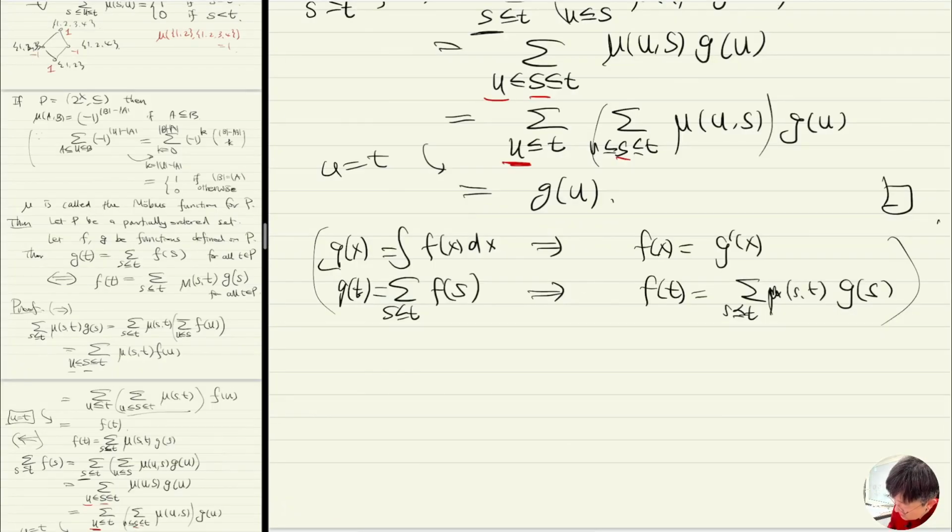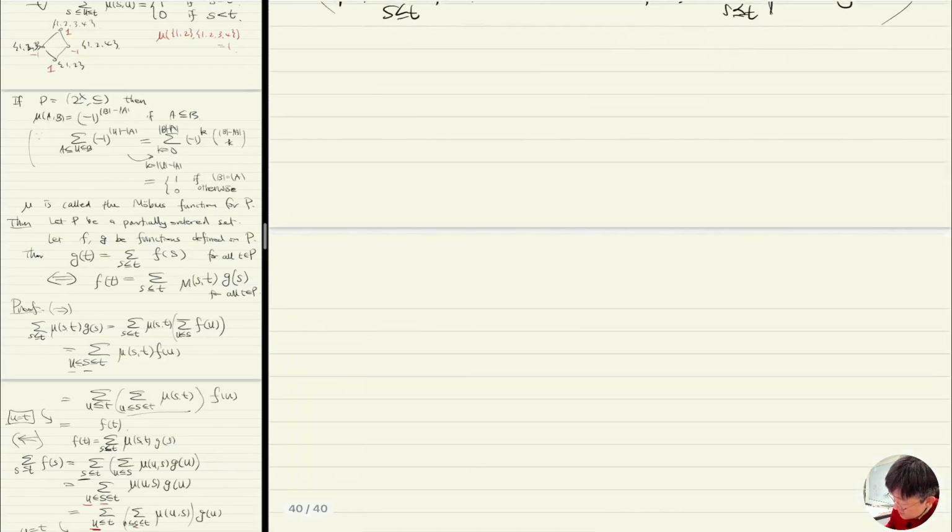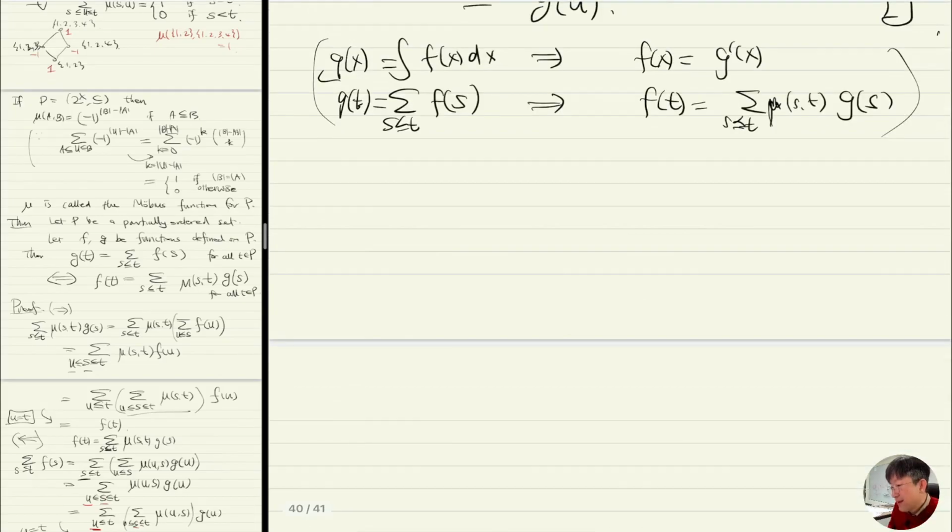Now I'm going to show you a cute lemma which we'll use later, I mean in the next section. So here's a lemma. Let P and Q be two partially ordered sets.